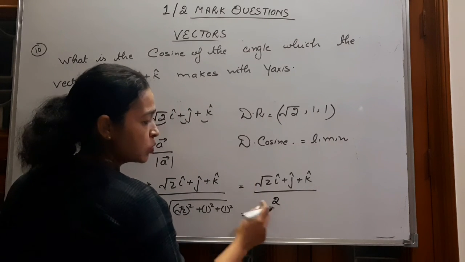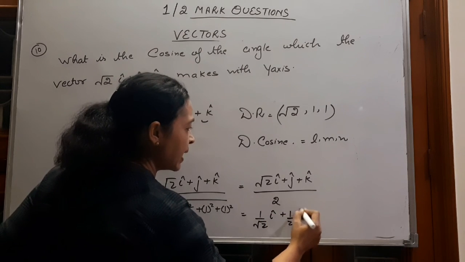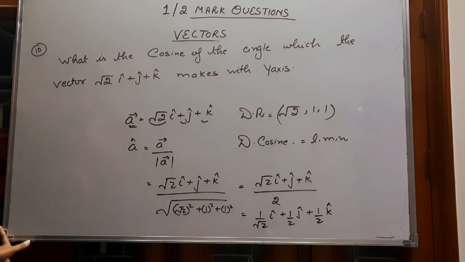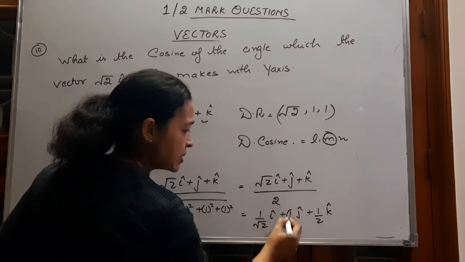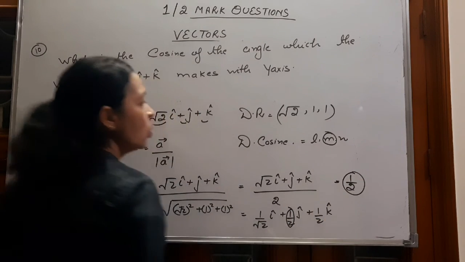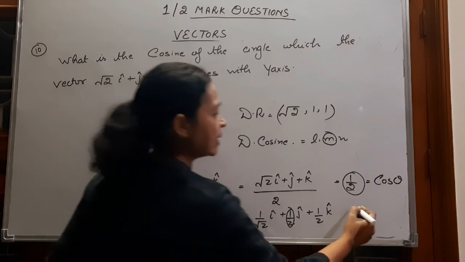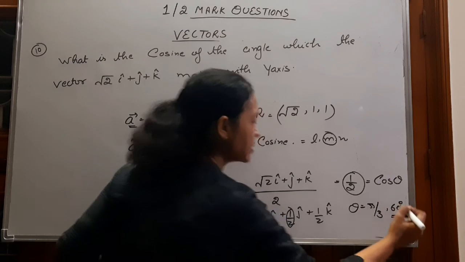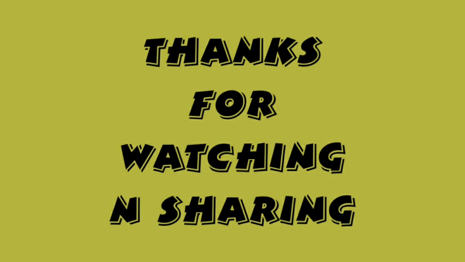This can be written as root 2 upon 2, that is 1 by root 2 i cap plus 1 by 2 j cap plus 1 by 2 k cap. The angle which this vector makes with the y-axis is m, which is the component of j, which is 1 by 2. Cos theta is 1 by 2, angle with the y-axis, and theta will be pi by 3 or 60 degrees. This is the cosine of the angle which the vector makes with the y-axis.